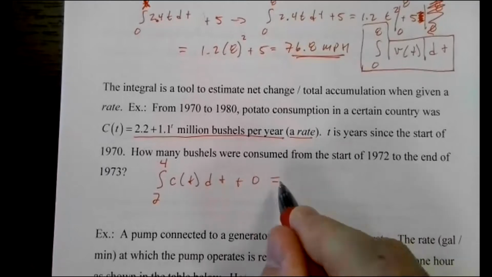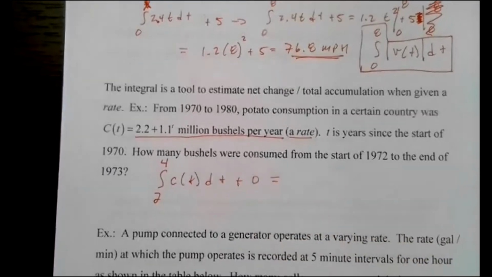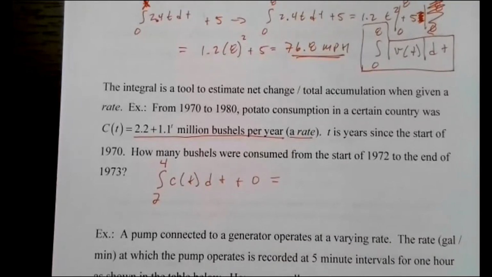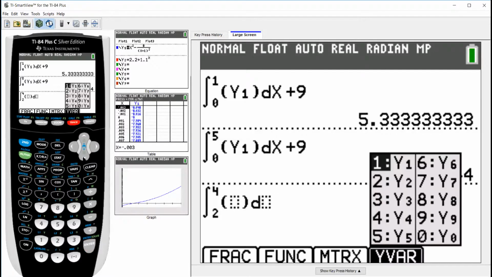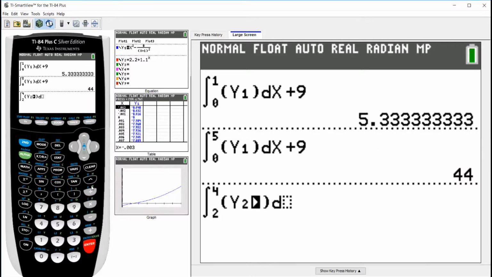So I'm going to nint this because I'm lazy and because integrating that would be quite a challenge. So let's go with math 9, 2 to 4. And alpha y2 is where I save this.